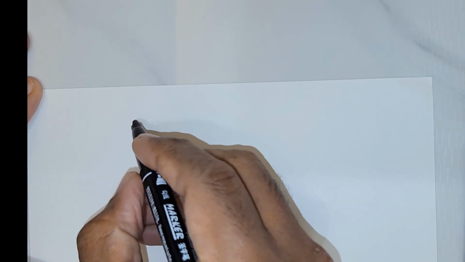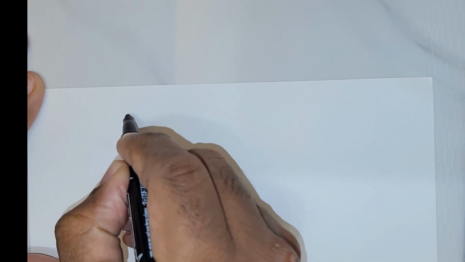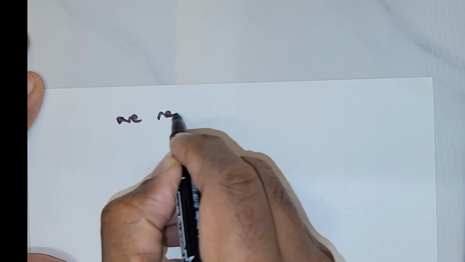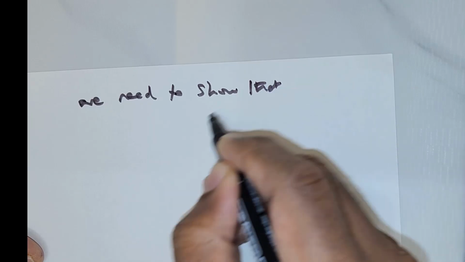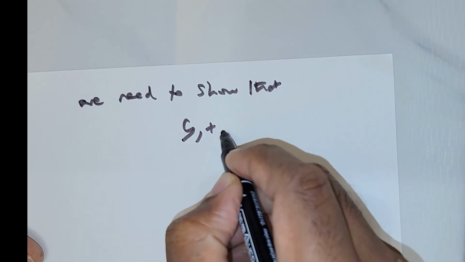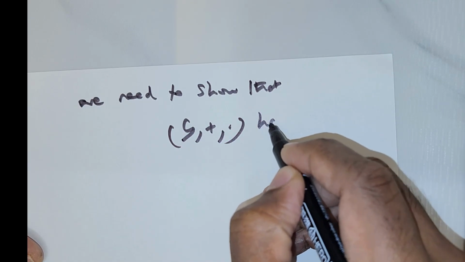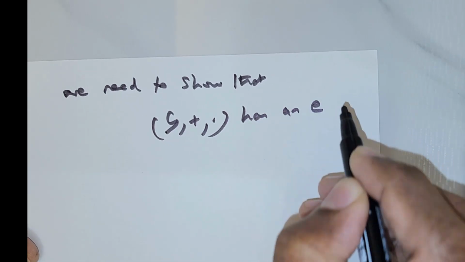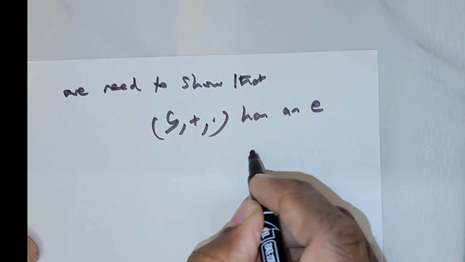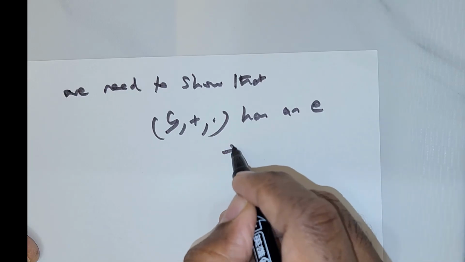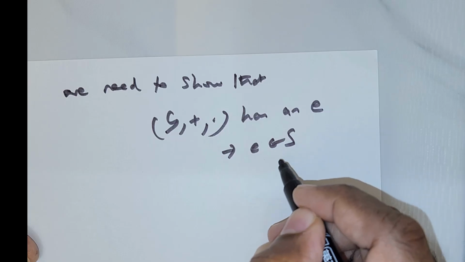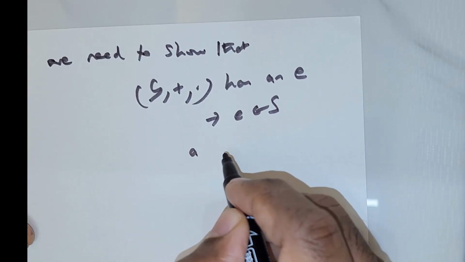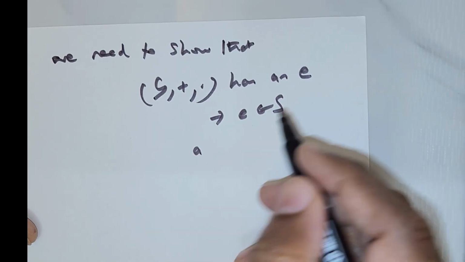So let me go to the next set. We need to show that S under addition and dot has an E such that this E is contained in S, and that is the requirement.